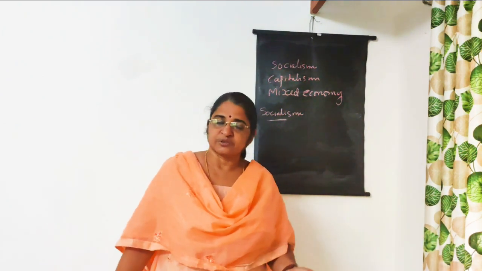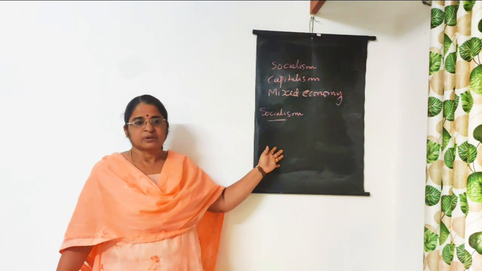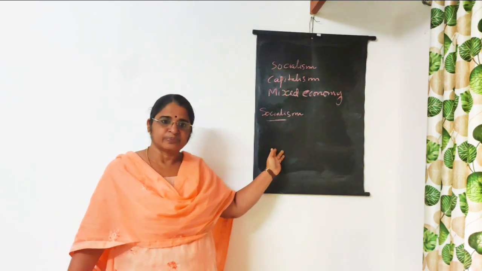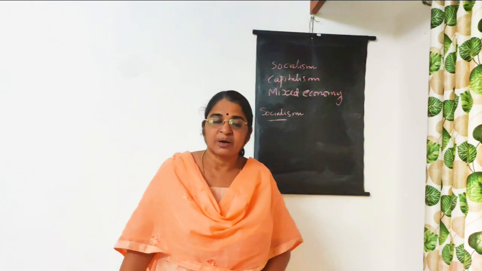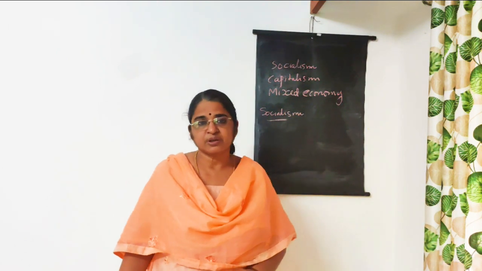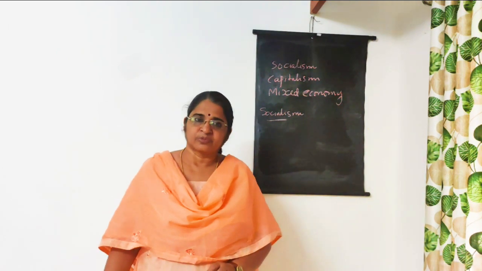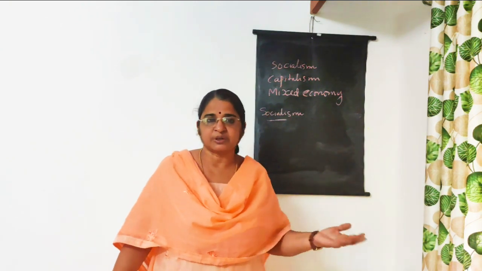Socialism is otherwise known as planned economy. In socialism, all the central problems are solved by the government. Government is supreme in socialism. The problem of what to produce is determined by the government.